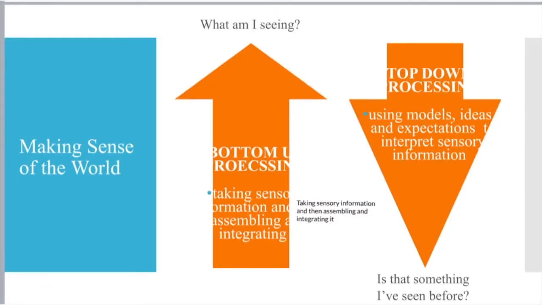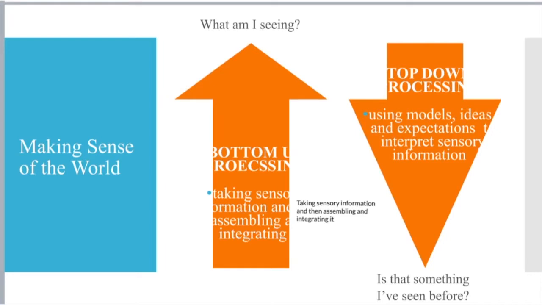So obviously this didn't transfer over super well, so I just retyped that bottom-up processing. So we are looking here at the difference between bottom-up and top-down processing. These are two different ways in which we integrate our sensations and our perceptions, how our brain makes sense of the world around us.